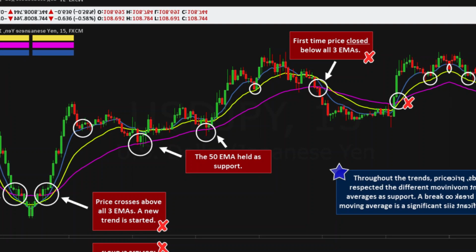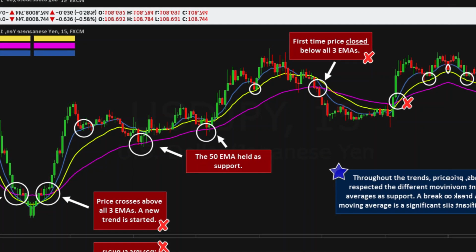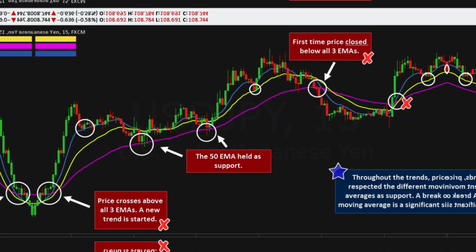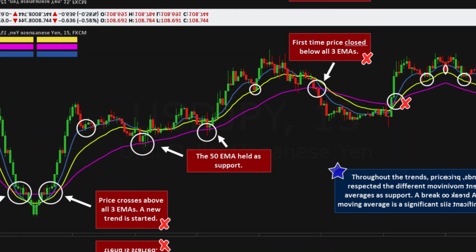Because until you've mastered those four things, nothing I say about trading psychology is going to help you in any way, shape, or form.